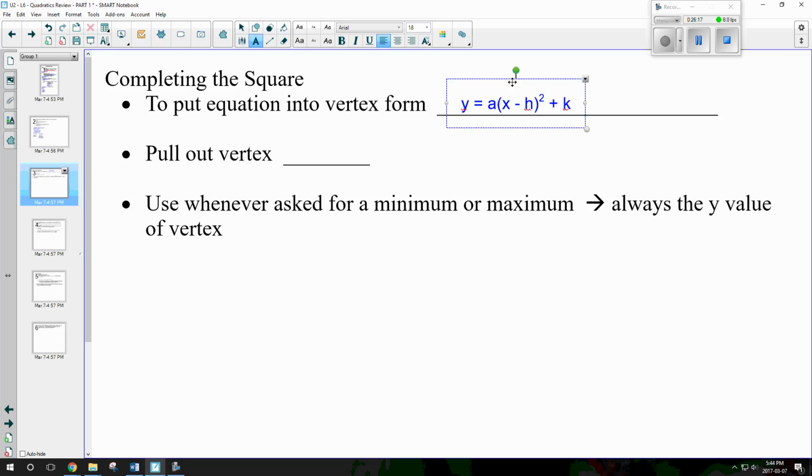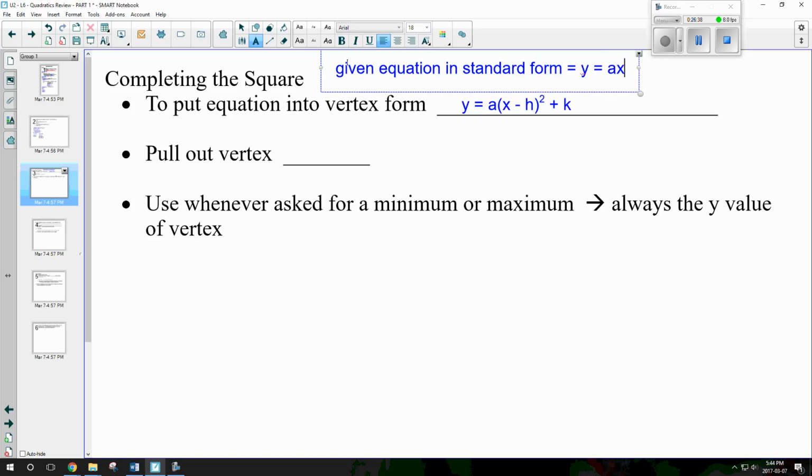Remember, this is our general vertex form, and we want the equation to be in that vertex form. Typically, when we're asked to complete the square, we're given the equation in standard form. And remember, that's where it's in the form of ax squared plus bx plus c, which is the ones that we were factoring.